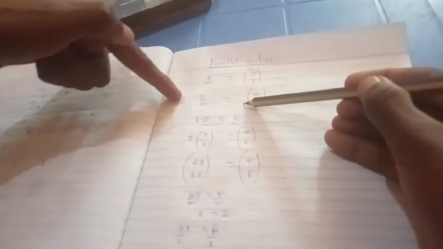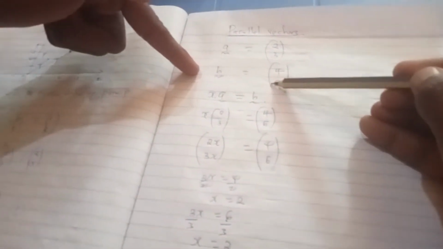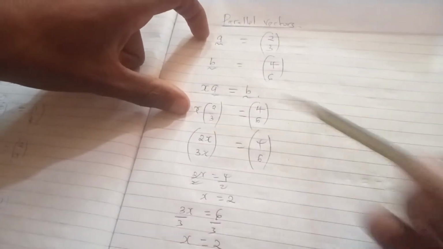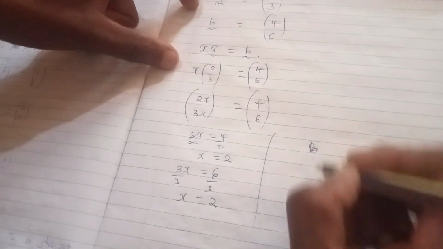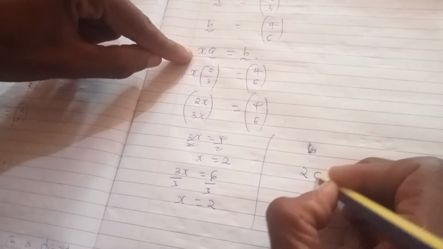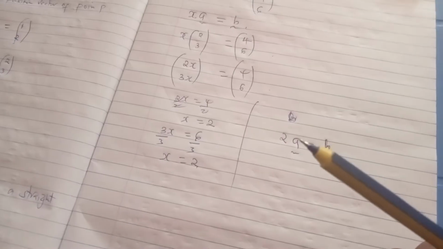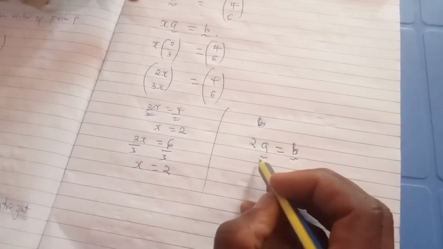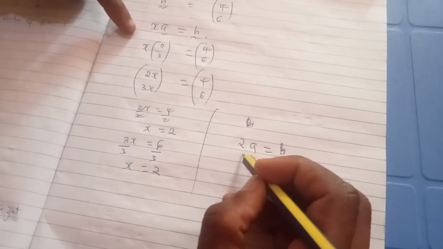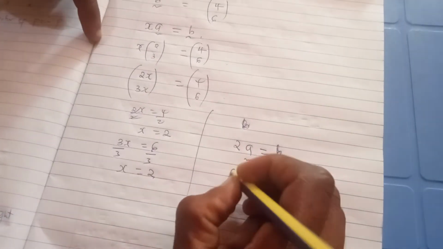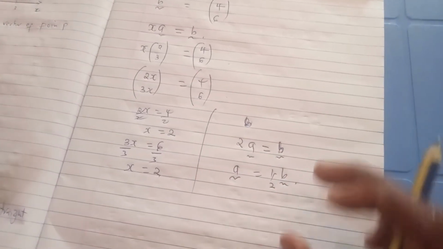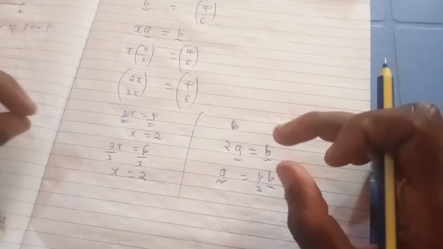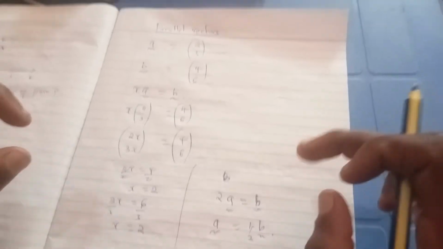So you can see that you can get vector B by multiplying vector A by 2. We can say that B is equal to 2A, or you can say vector A is equal to a half of vector B. If you can write one vector in terms of another one, then you can say those vectors are parallel.